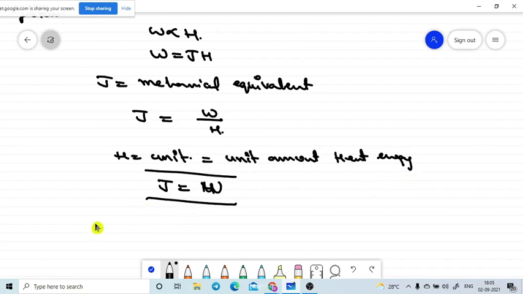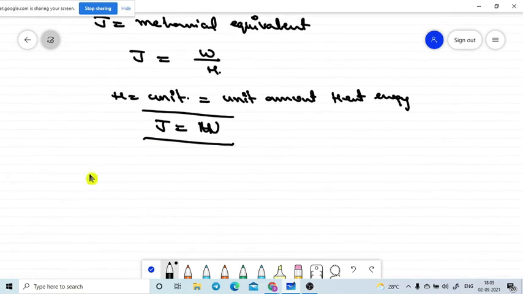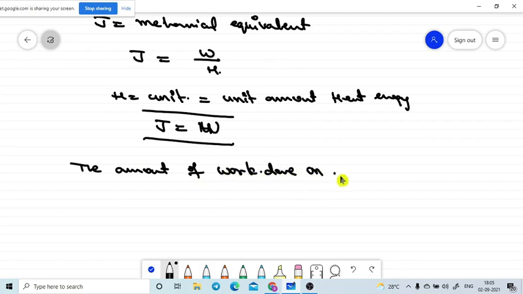So how can we define it? The amount of work done on the system, for which purpose are we doing work on the system? To produce a unit amount of heat energy in the system.